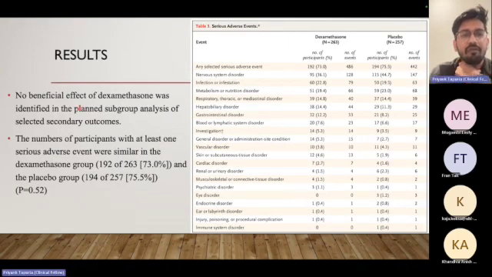There was no benefit of dexamethasone in any subgroup analysis as well. They looked at all of the different categories of events: hepatobiliary, respiratory, metabolism, infection, secondary infections, vascular disorders. They were all approximately the same.